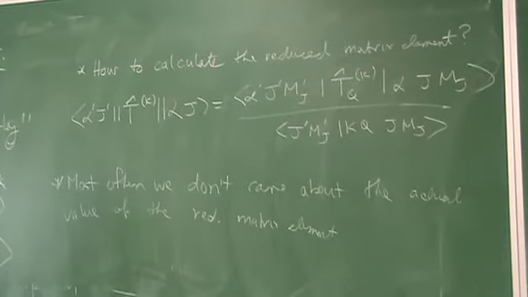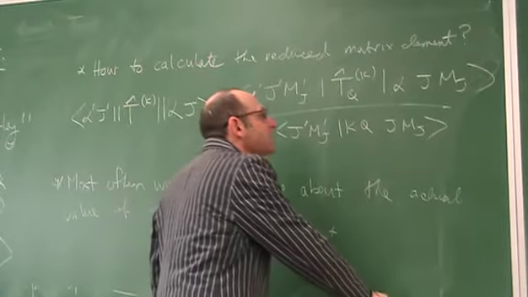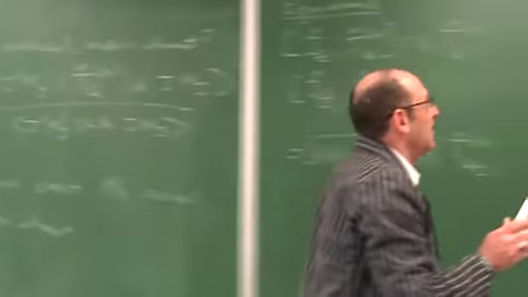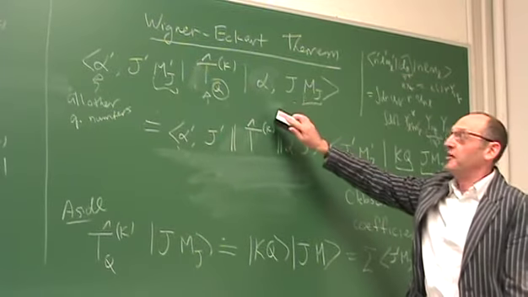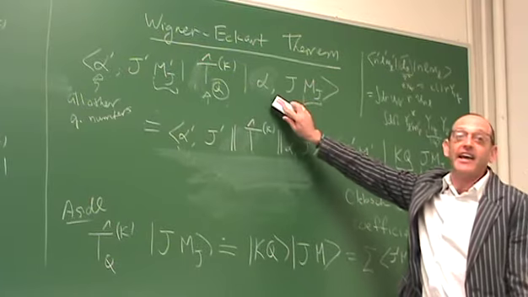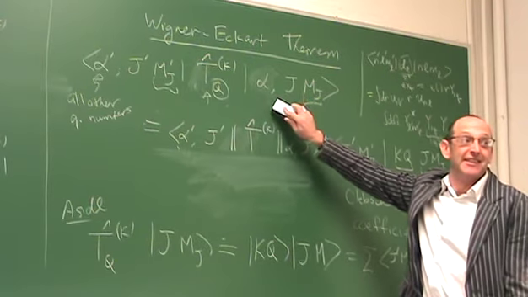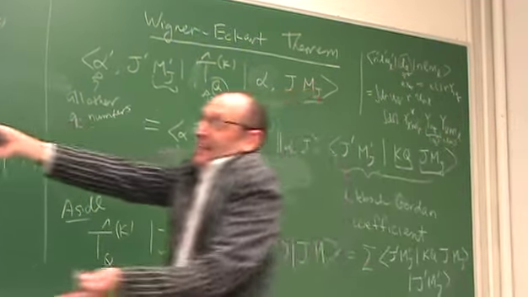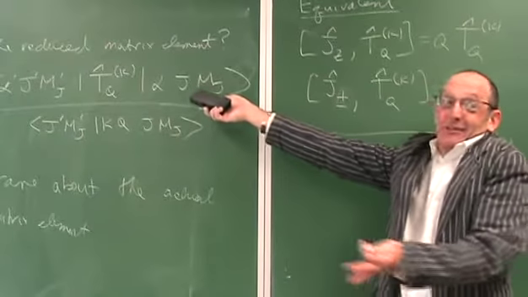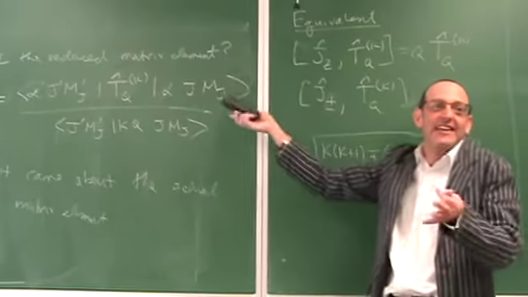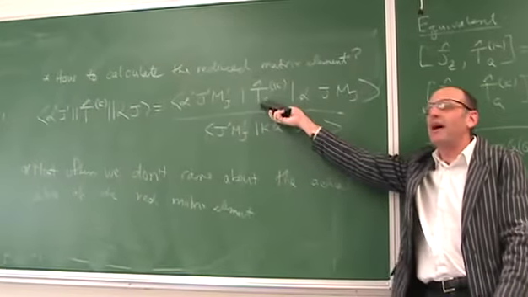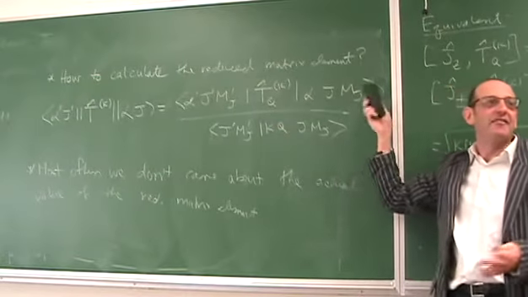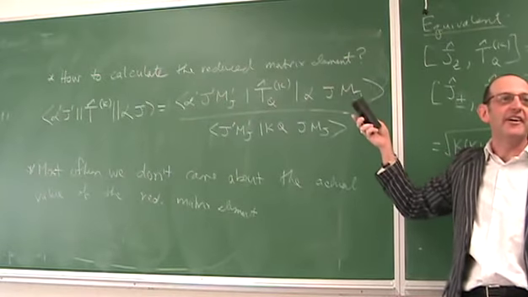Now, rarely do we actually use the Wigner-Eckart theorem as a way of simplifying calculating a matrix element, because at the end of the day, I have to calculate at least one of these. It's a bit of a simplification, depending on how many q's are possible, and then I've reduced it by some factor.